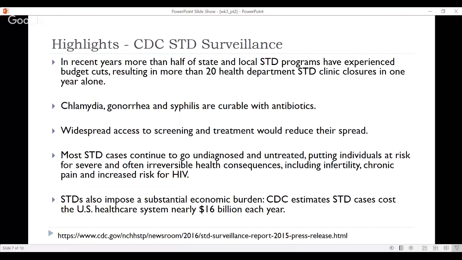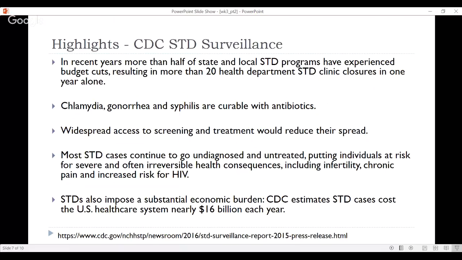What that means is access to screening and treatment is reduced. And today we know that most STD cases continue to go undiagnosed and untreated, which puts individuals at risk for severe and often irreversible health consequences, including infertility, chronic pain, and increased risk for HIV infection.